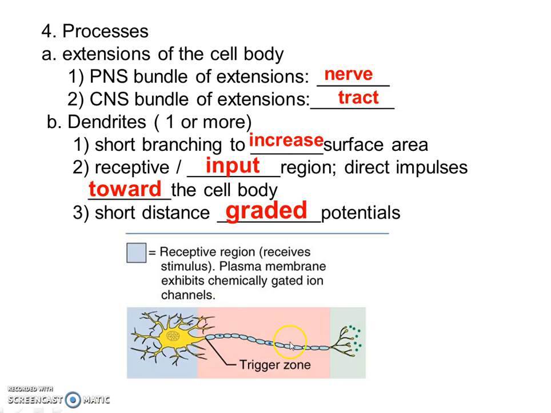Let's say in order to fire the action potential down the axon, I need 75 millivolts. Maybe 2 millivolts came here, 20 millivolts here, and 50 millivolts there, and 4 millivolts there. They could all add up to send an action potential down the axon. It's kind of like adding up all of your grades, and if it's enough, you pass. So these are graded potentials.